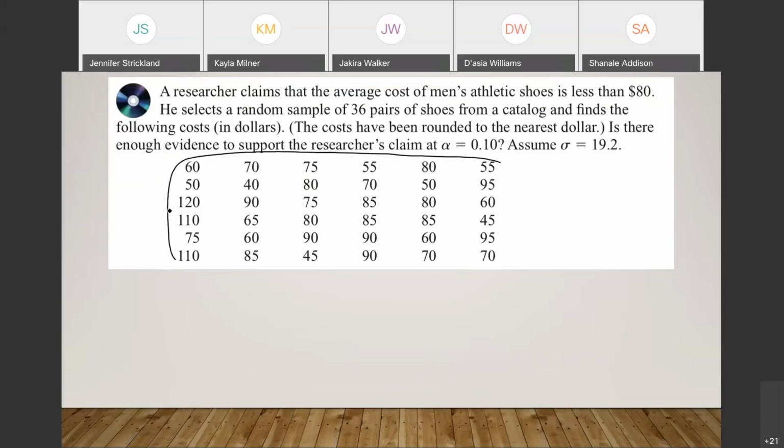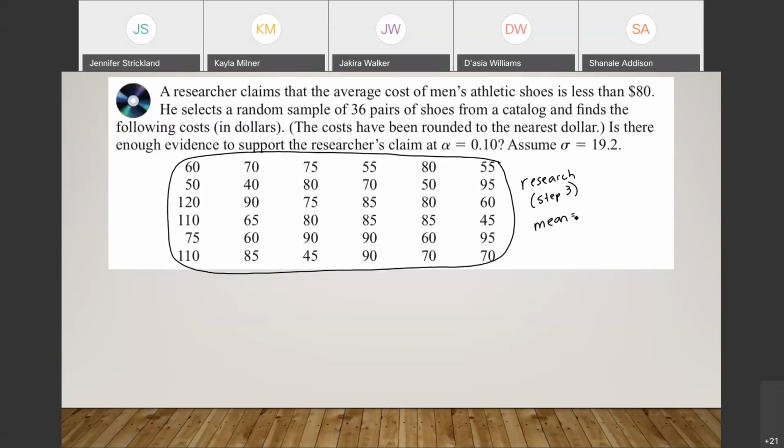So how do you find it? Add them all together and divide by the number that you have.